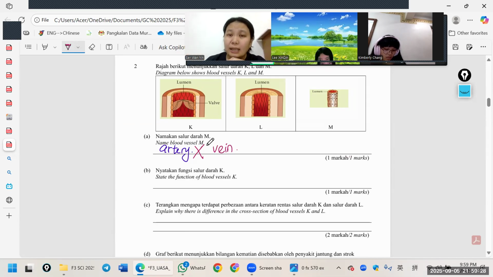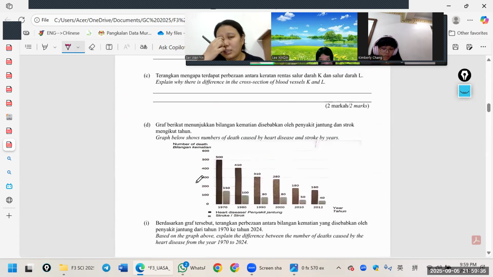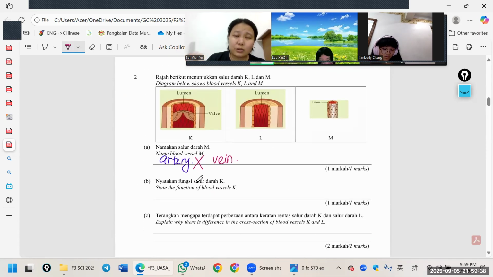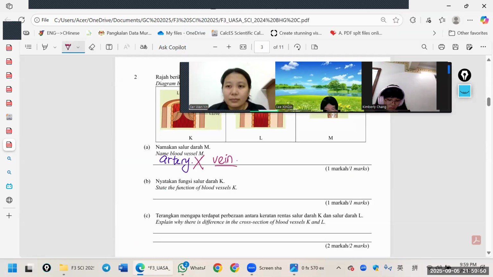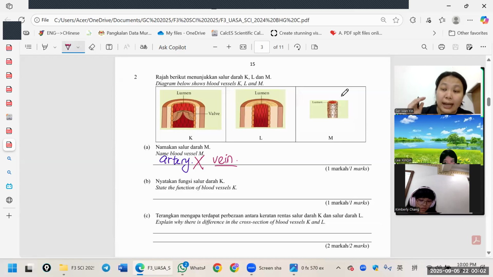If you want to check, please check after you finish. Let's say you finish number 2 already, and you say, I really want to know, is it artery or vein? Then you check. If it's wrong, you just make a cross and say, oh, it's vein. You don't refer immediately while you're doing. You can check, but after you do your answering.